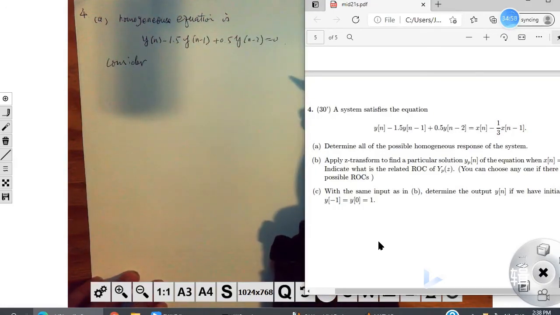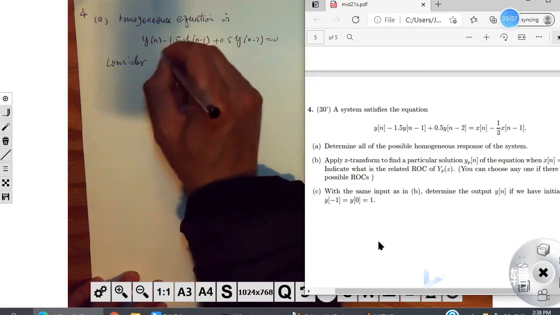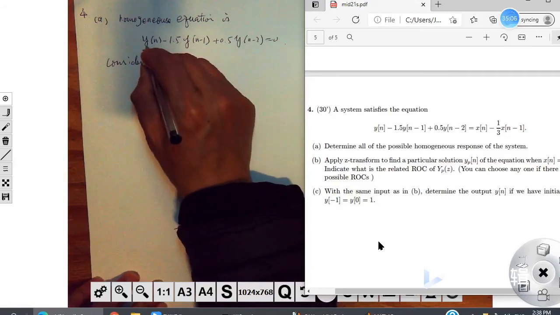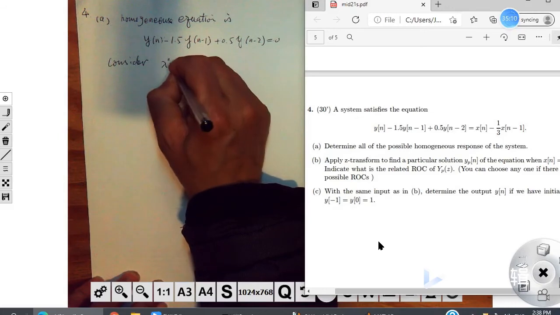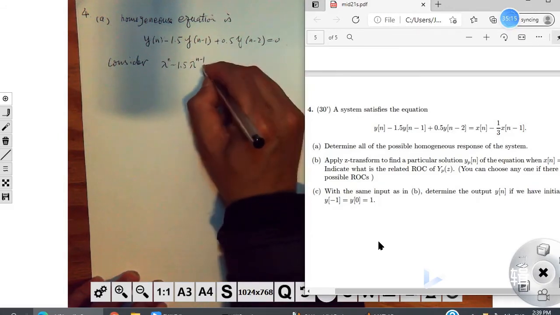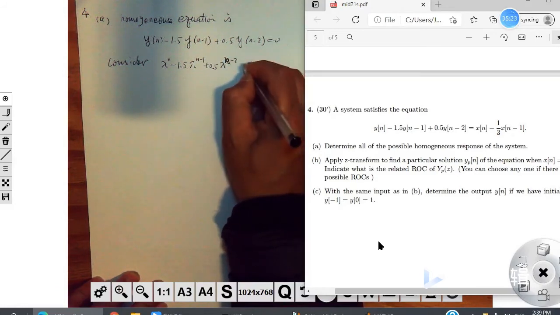You have several ways to write the equation here. I use the longer one, you can have a shorter way actually. Just let y equal to lambda to the n. Then this is lambda to the n, this is 1.5 times lambda to the n minus 1, and this is 0.5 times lambda to the n minus 2. We have this equal to 0.